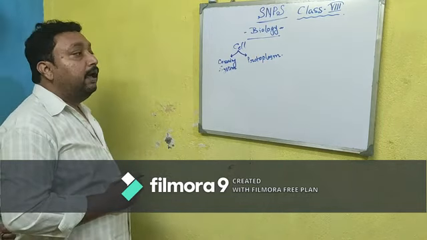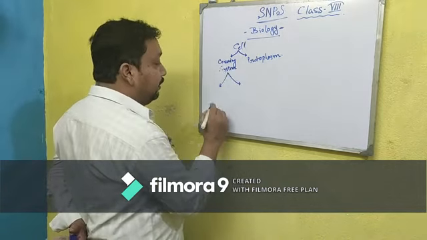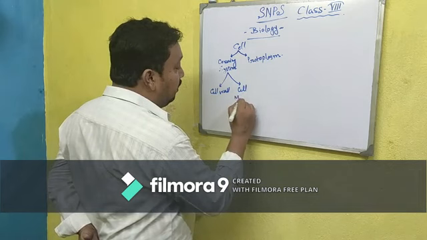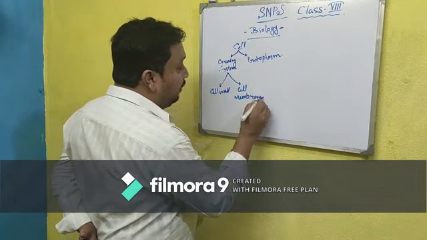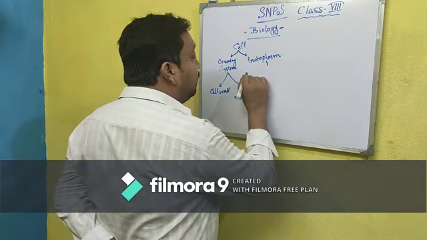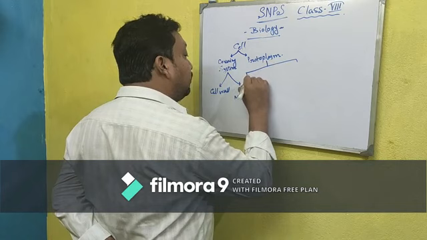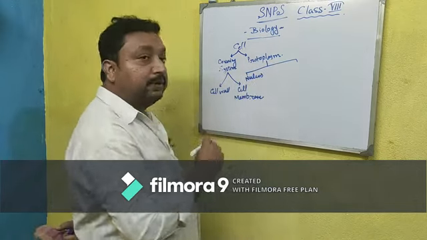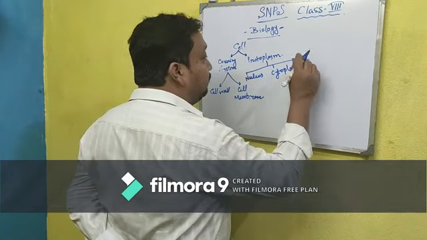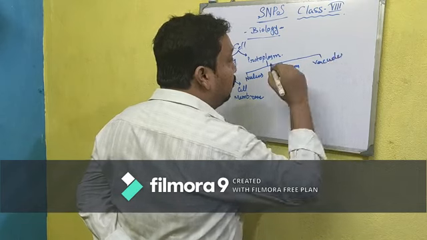The covering system is mainly of two types, that is, cell wall and cell membrane, and protoplasm is mainly composed of three main parts: nucleus, cytoplasm and vacuoles.